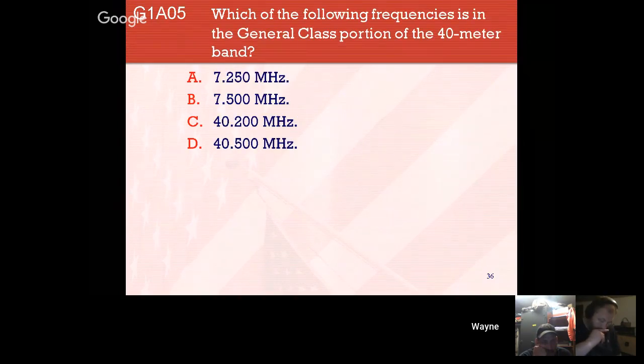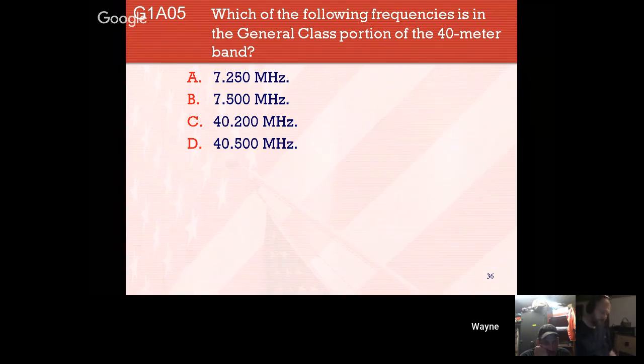Which of the following frequencies is in the General class portion of the 40-meter band? This is one of those things, knowing that the 7 megahertz band is the 40-meter band. This one is really easy because the upper limit of the 40-meter band is 7.3 megahertz.